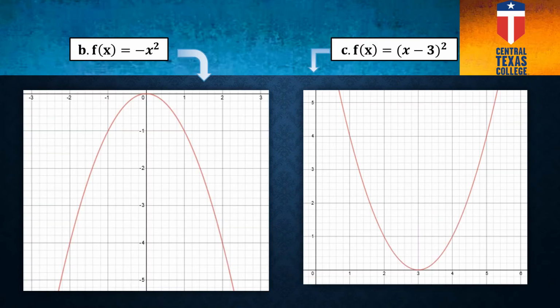For part B, we have f(x) = -x squared, which was reflected about the x-axis from the original graph. Remember, it's a negative, which means it's reflected. For part C, we have f(x) = (x - 3) squared, which was shifted 3 units to the right from the original graph, as you can see here as well.